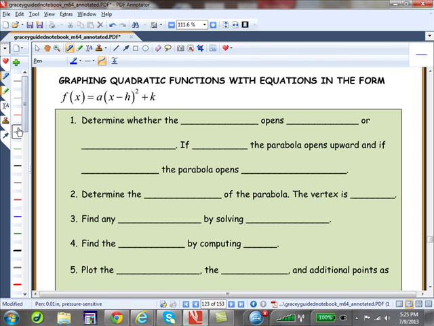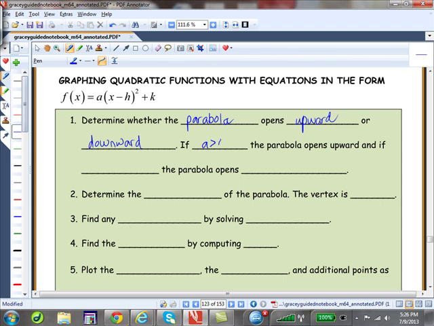So here we go. These are the steps for graphing. You have to determine whether the parabola is going to open upward or downward. And remember, it opens upward when what?